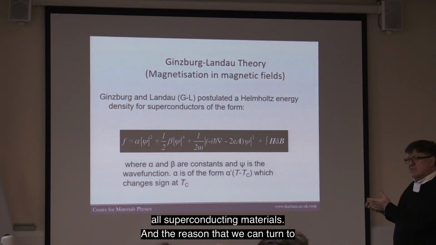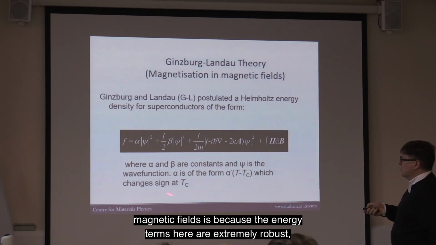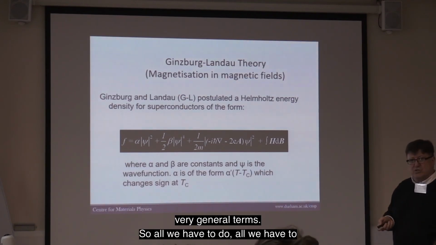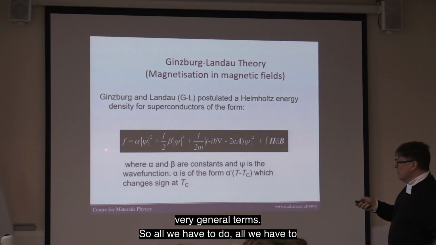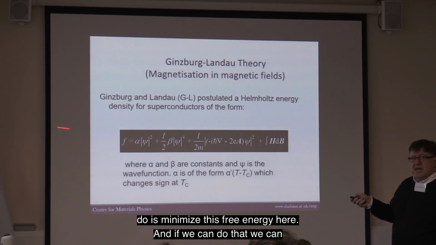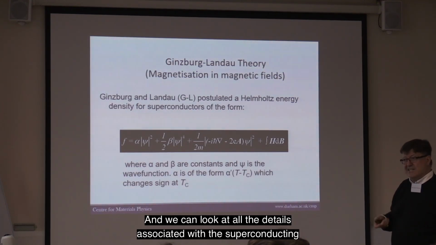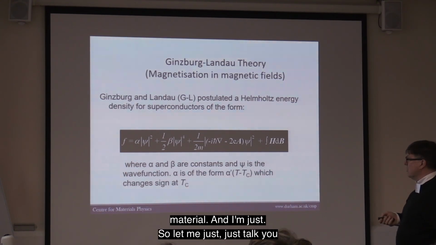And the reason that we can turn to this functional to describe all these superconducting materials in magnetic fields is because the energy terms here are extremely robust, very general terms. So all we have to do is minimize this free energy here. And if we can do that, we can understand the in-field properties and the vortex state, and we can look at all the details associated with the superconducting material.